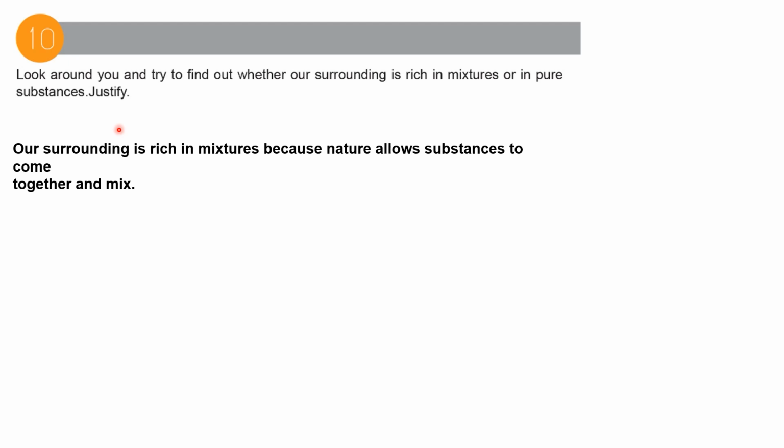Soil is a mixture of minerals, organic matter, water, etc. Also, rivers are mixtures of water, salts, minerals. So these mixtures occur because natural processes like the movement of water, movement of wind, and even biological activities encourage different substances to come together. So our surrounding is rich in mixtures.